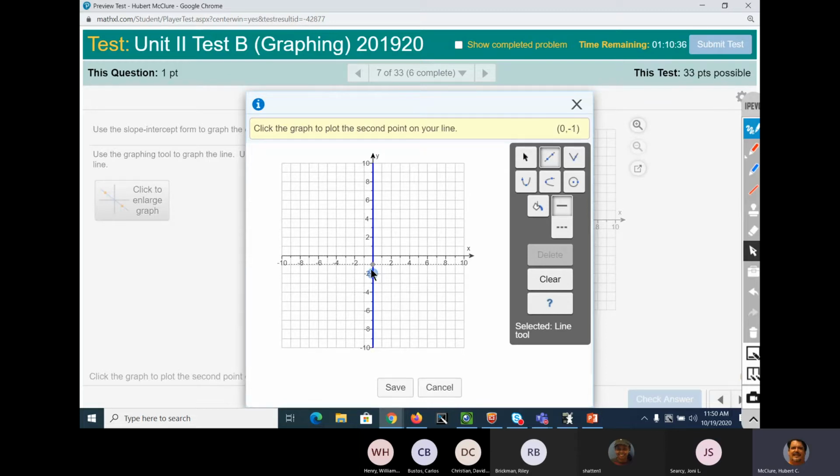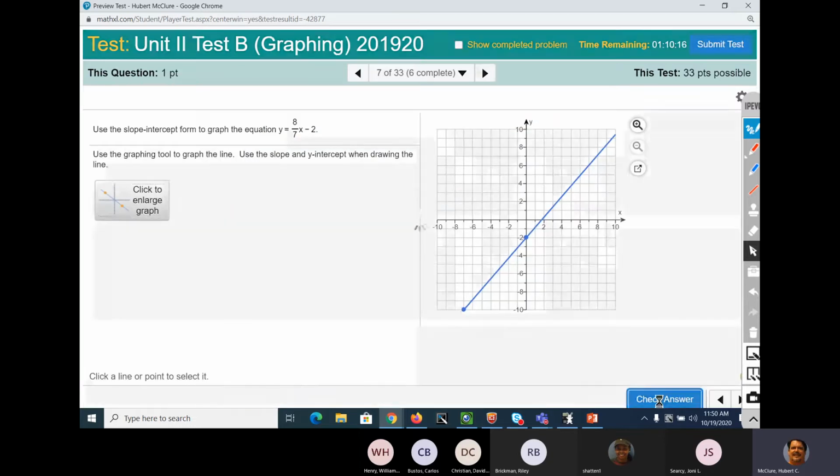I'm going to go down 7 or down 8. 1, 2, 3, 4, 5, 6, 7, 8. Oh, you could have went up and over. Same thing. And you feel good about yourself. Next.